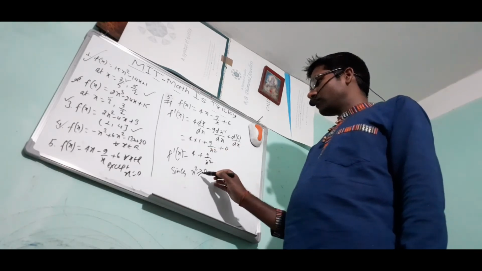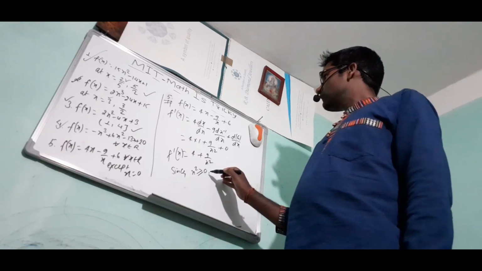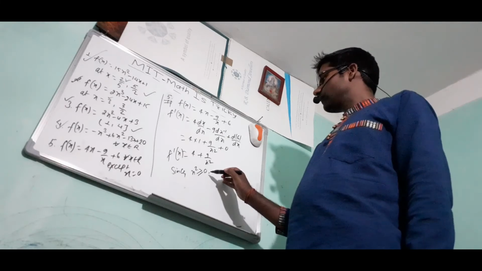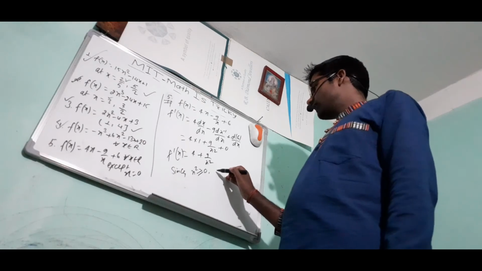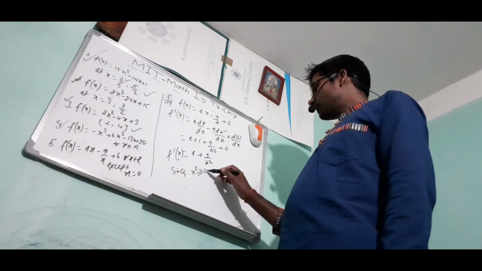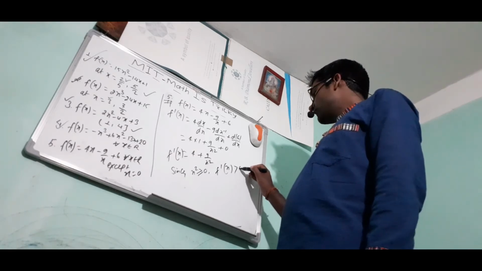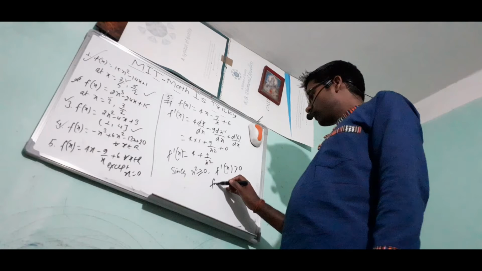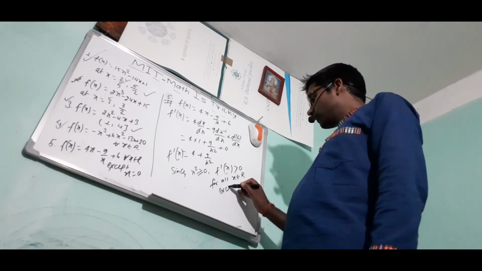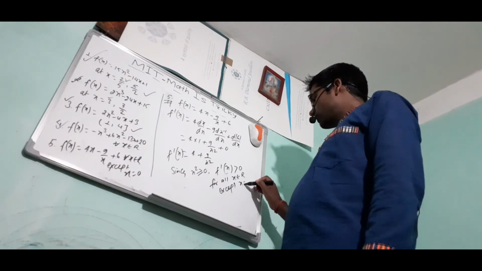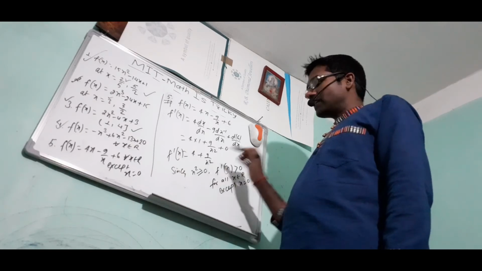So this is always positive, which means f dash x will be always greater than 0 for all x belongs to R except x equals 0, because the function will not be defined if we put x equals 0.